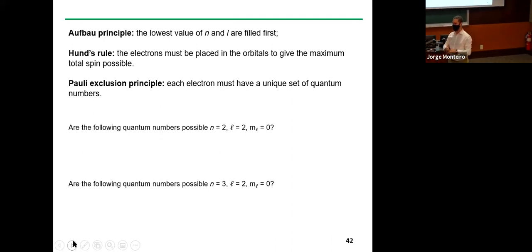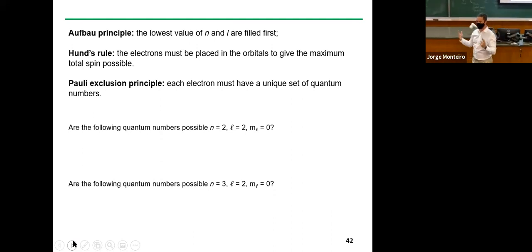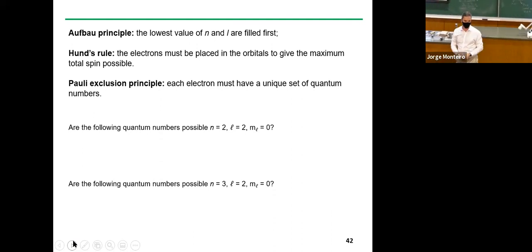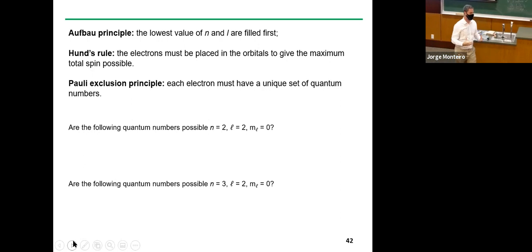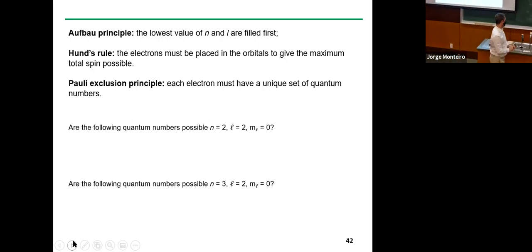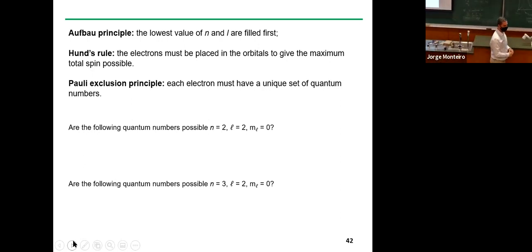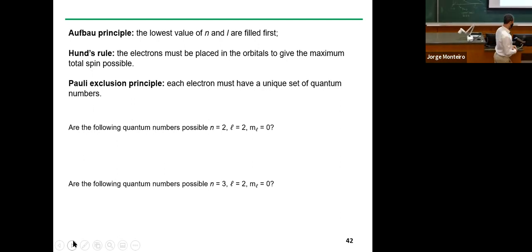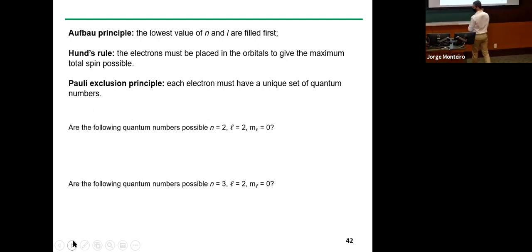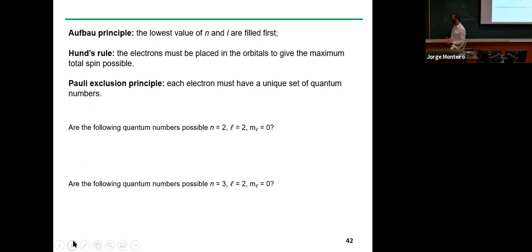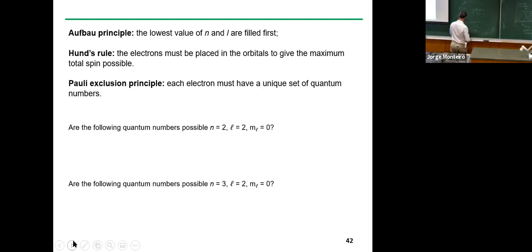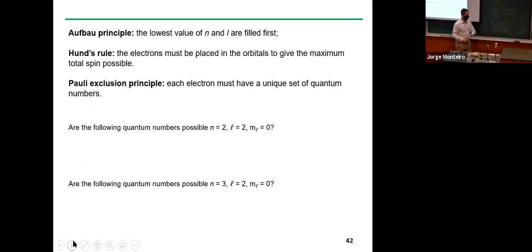You cannot have the same four quantum numbers for two different electrons. One of them must be different. For example, the two electrons in the 2s orbital have the same n, same l, same ml, but different ms. And that's enough.